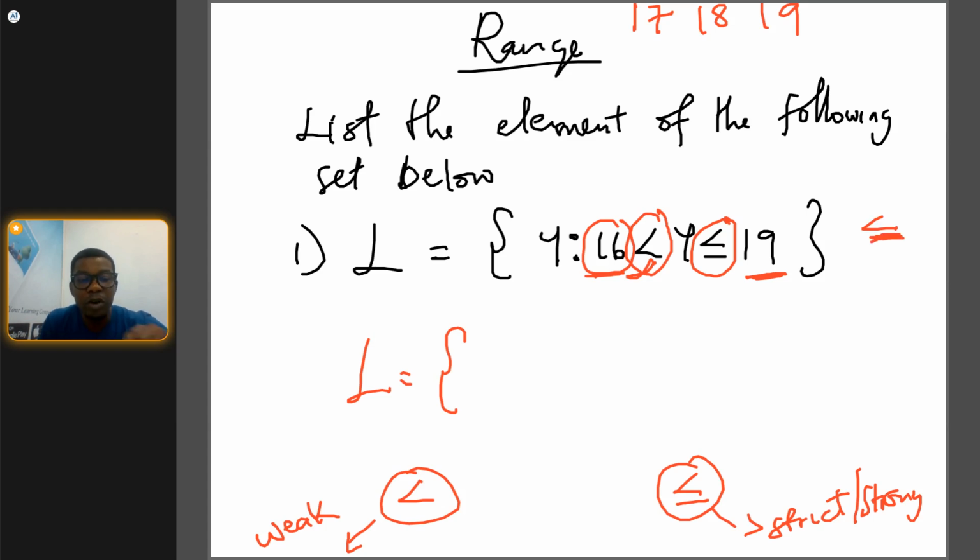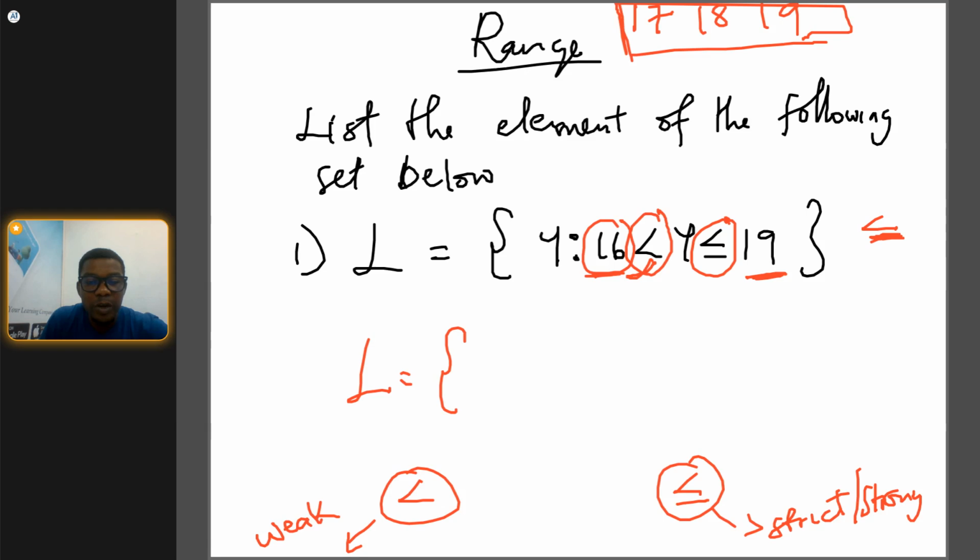If it were less than or equal to, I would include 16 in my list. So y has to capture the values within the range of 17 to 19.